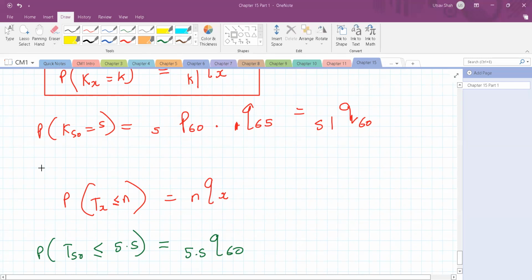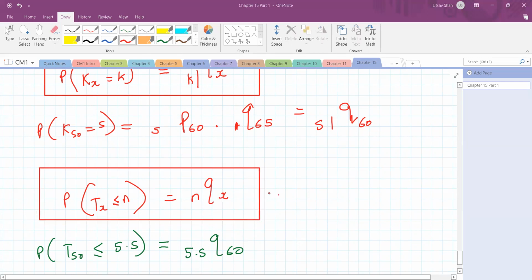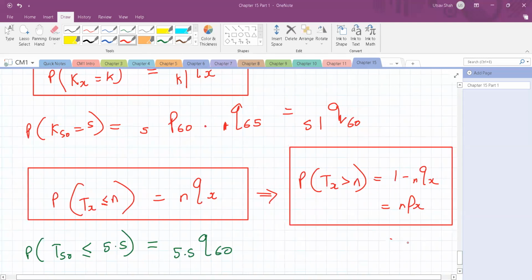Simple as that, nothing complicated. But from this, what we derive is P of Tx greater than n. If less than n is this, then this becomes 1 minus nqx, which is simply npx. All right.